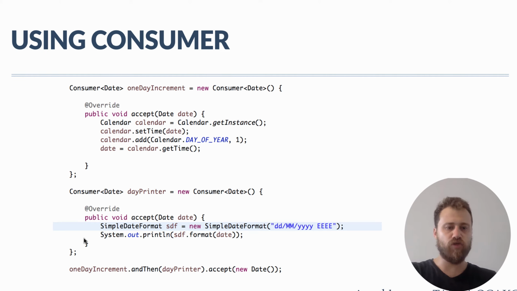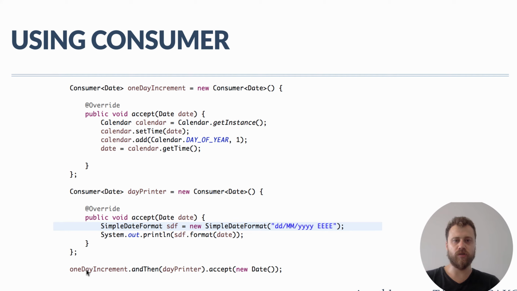And then we may chain these consumers with andThen method. So this simply does that. This consumer calculates tomorrow's date, and this consumer prints the date with this format, and we chained them with andThen.